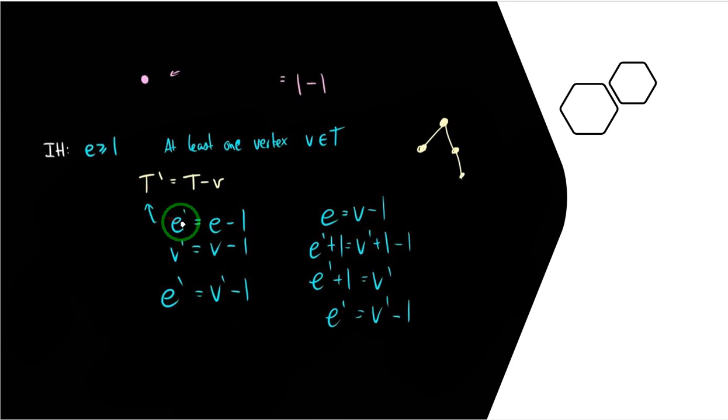So e prime is e minus 1, so e will be e prime plus 1, and for v we need v prime plus 1, with the minus. Just simplify it, and your result will be this. So it's a proof.